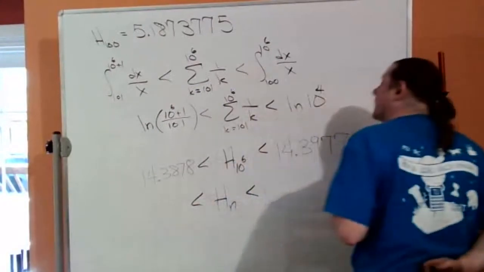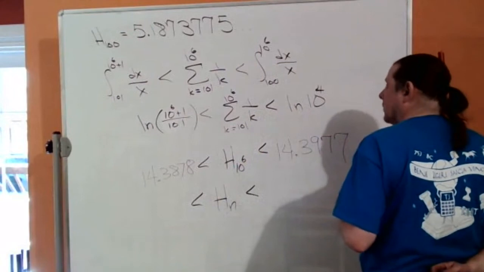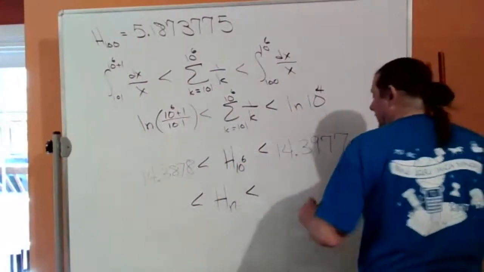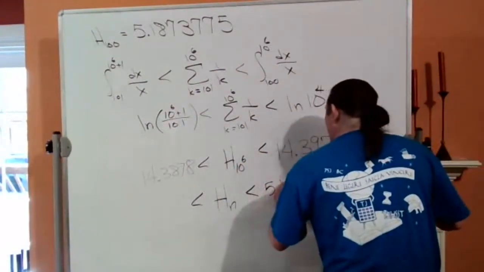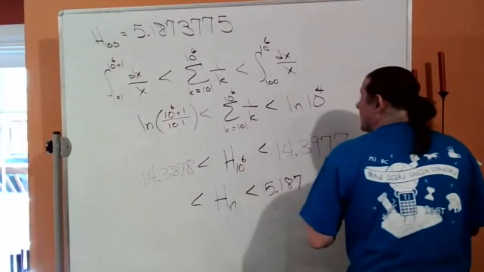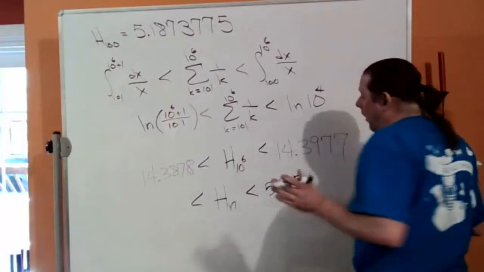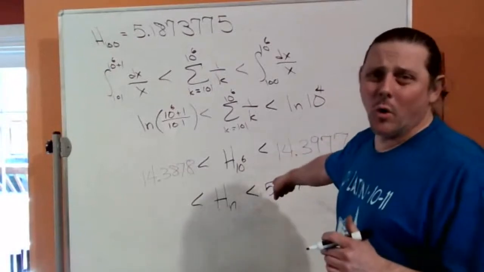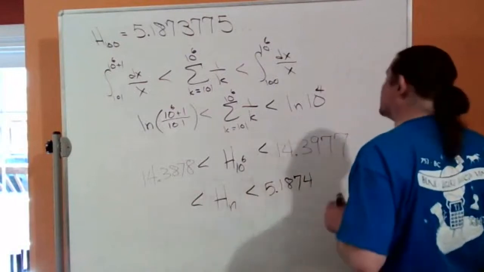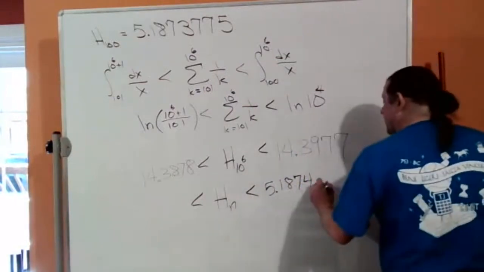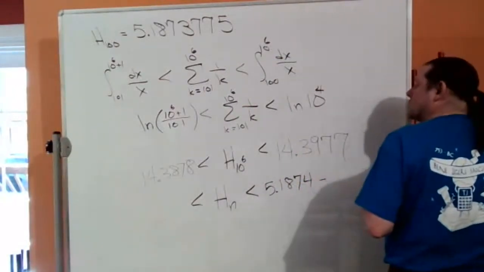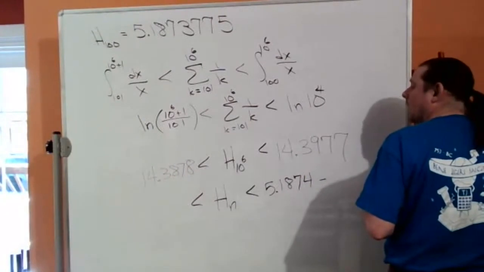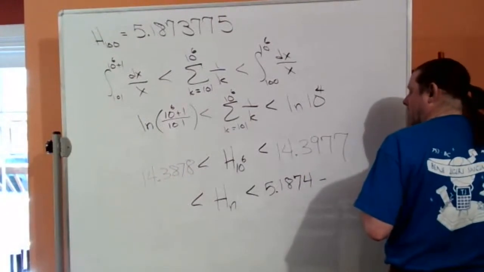Hn lies between, well, let's see, it's going to be 5.187. I'm going to go ahead and do 4. My error is 0.01 anyway. I don't want to write all those numbers. All right, and then it's going to be plus the natural log of n minus the natural log of 100.